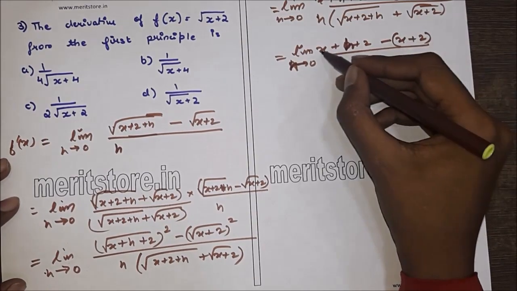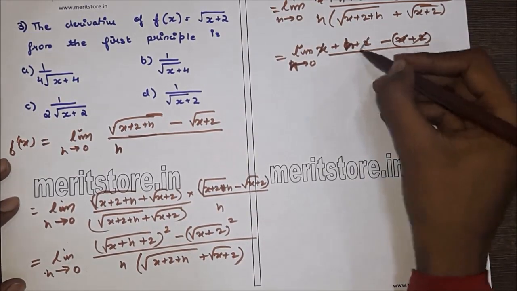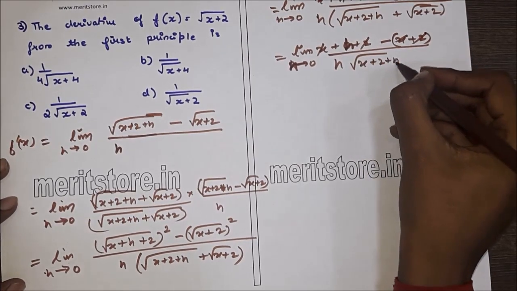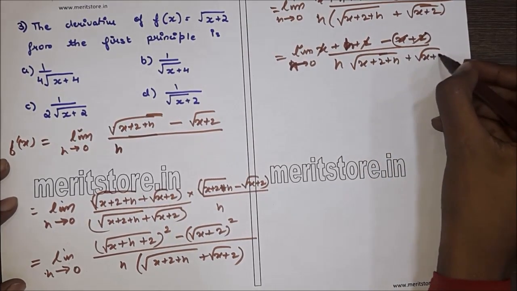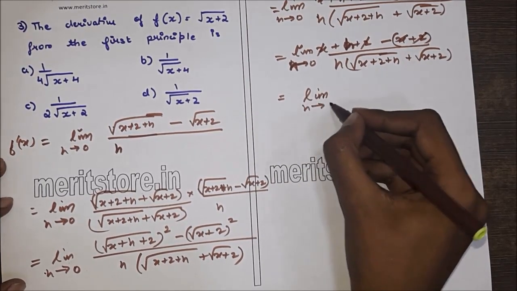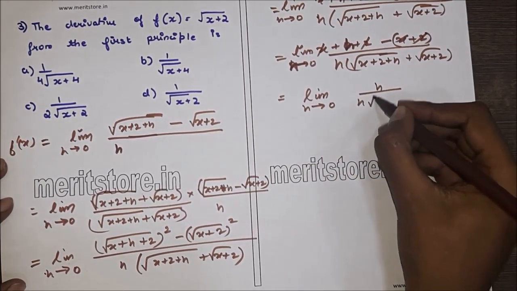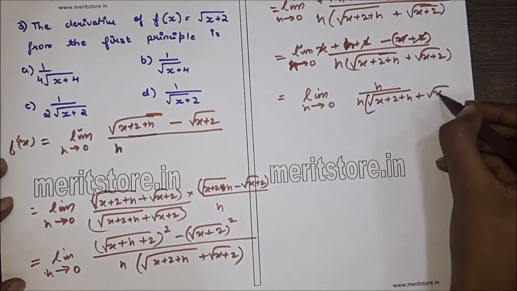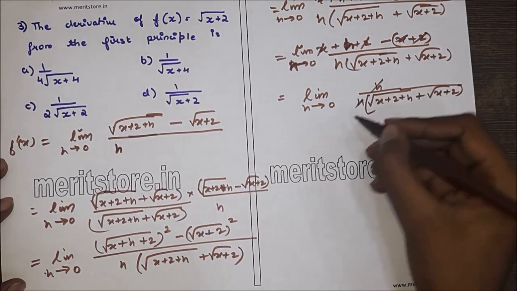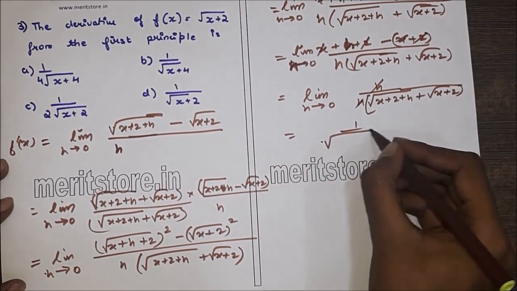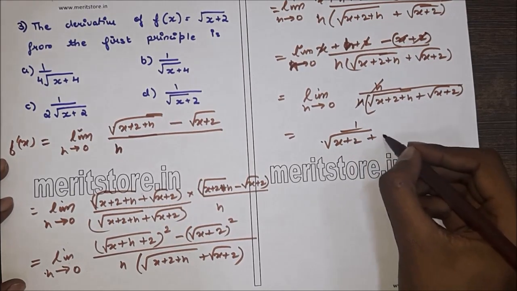This term gets cancelled, x minus x, 2 minus 2, and this term remains the same, root of x plus 2 plus h plus root of x plus 2. We are left with limit h tends to 0, h upon h into root of x plus 2 plus h plus root of x plus 2. H gets cancelled, and now we put the limits, we get h equals 0, so this is root of x plus 2 plus root of x plus 2.